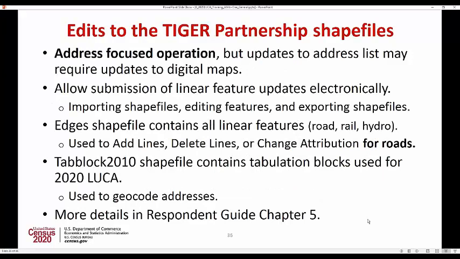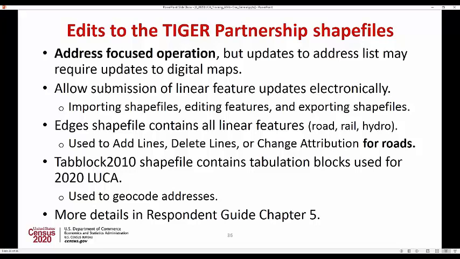And edits to the Tiger Partnership shapefiles. Okay, address-focused operation is what we're all about. If you have some new roads, you can add those new roads, and we want those, what we don't have. And you can download our roads file and see what we don't have and update those.